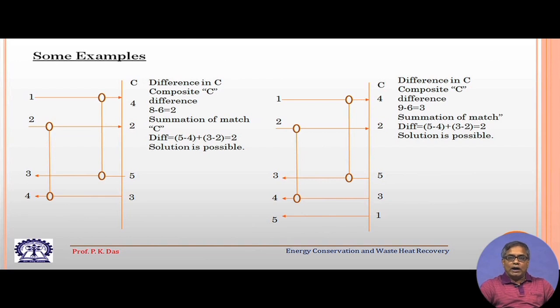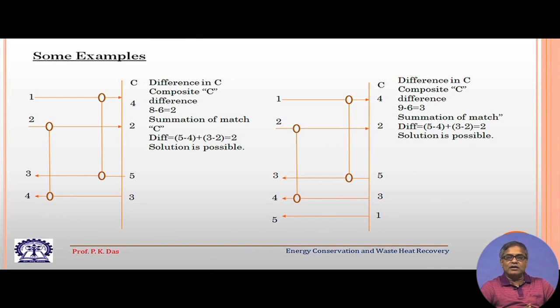So, if we violate this, then our design is not according to the specification. So, we have to be very careful. At other places we will find that the temperature difference between the two streams is more than 20 degrees Celsius, but at the pinch point it is the minimum.